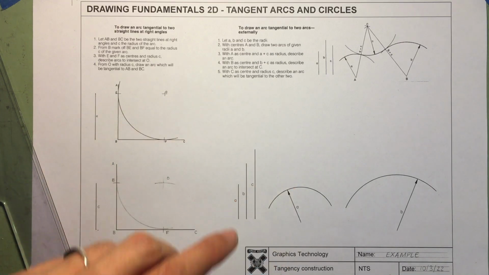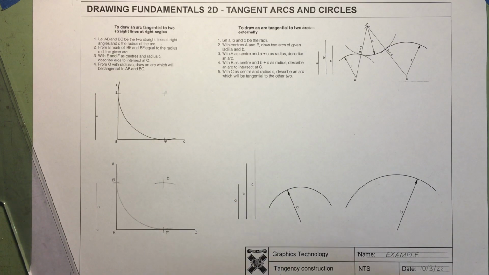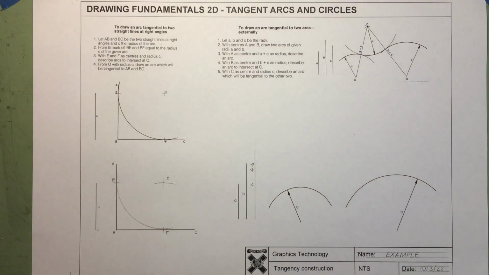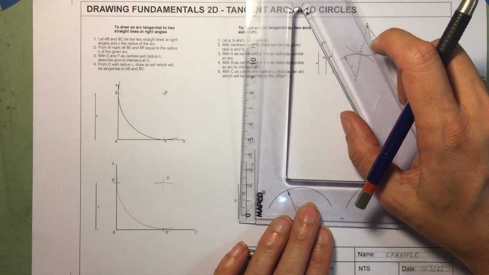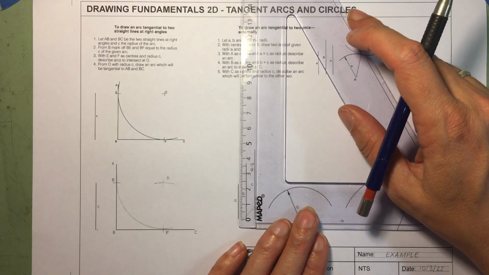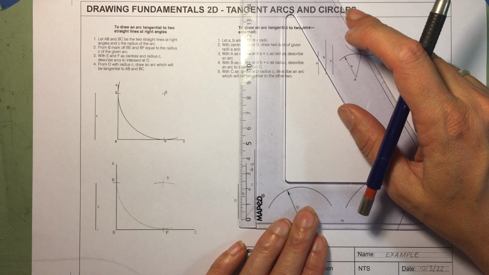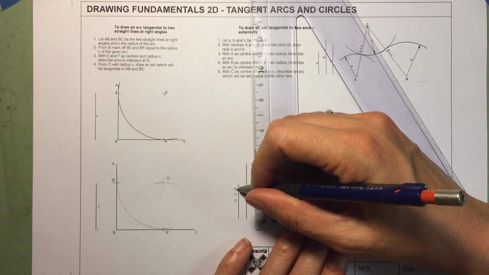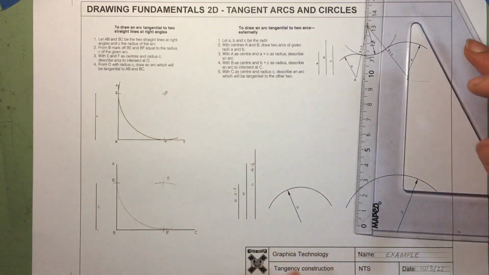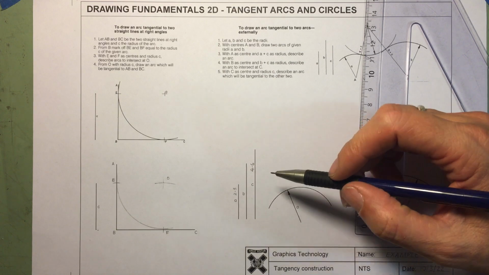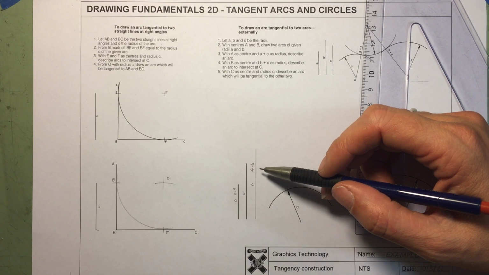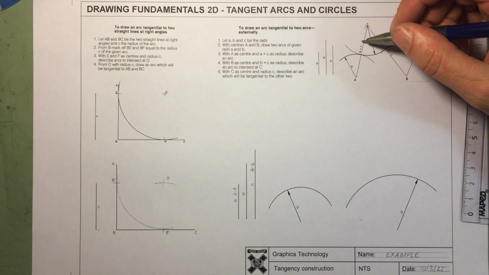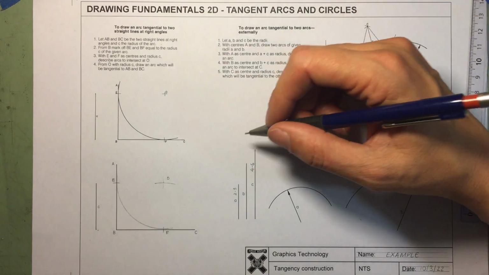I need to add that to A. Let's measure A. A is 2.3. Adding these together, we've got 6.9. So A plus C is 6.9.